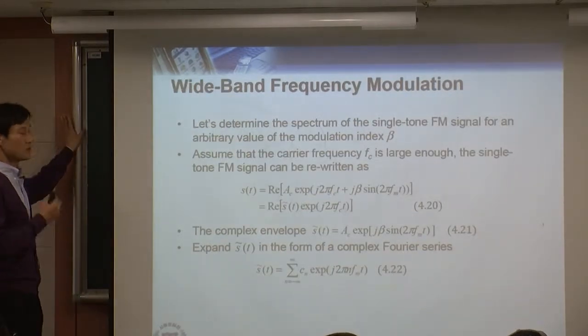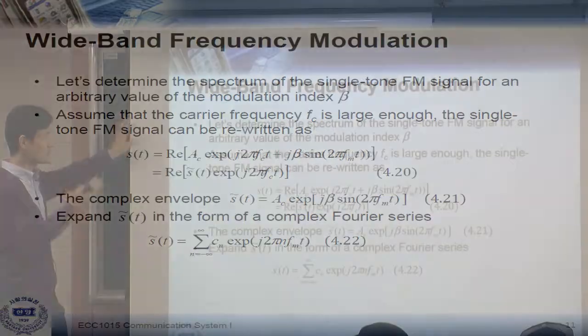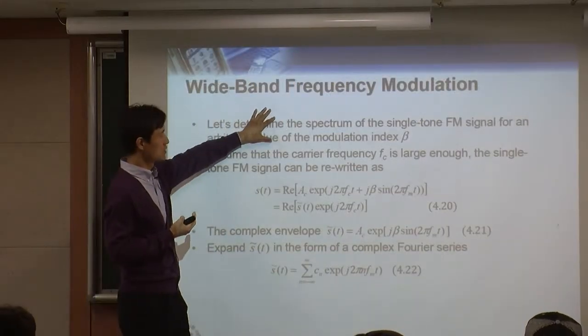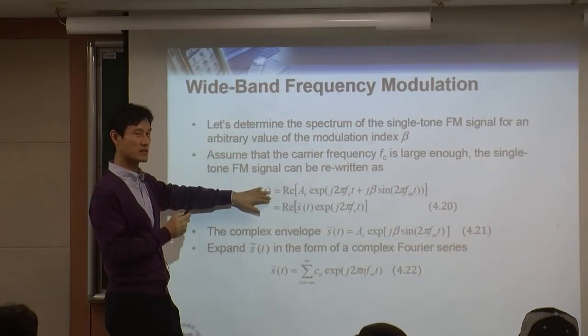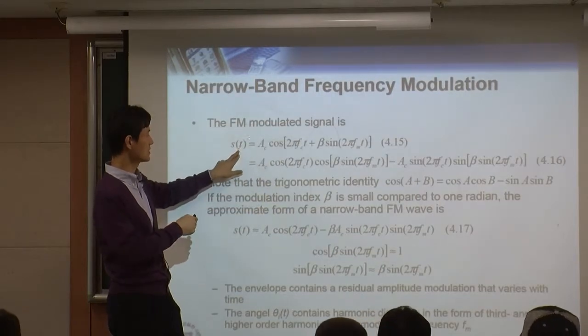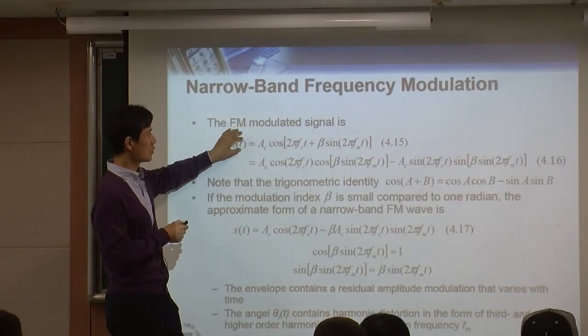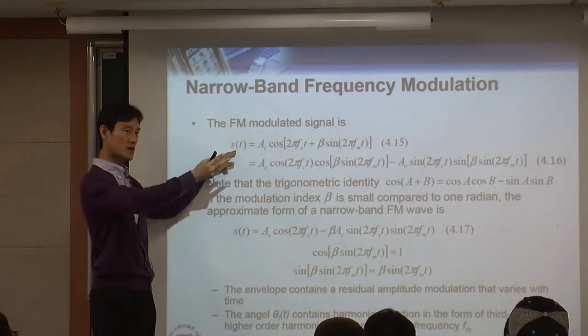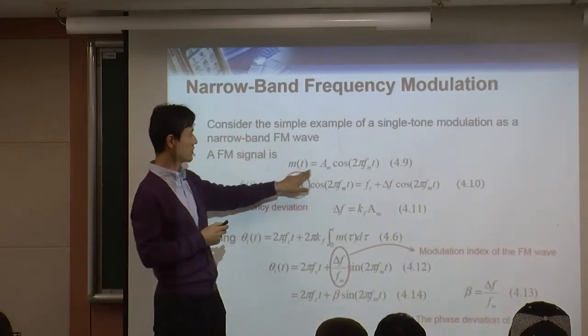But we are more interested in wideband FM because narrowband FM is not really used much. So what we are trying to do is go back to the original S(t). What was the original S(t)? This is the original S(t). This S(t) was the signal we transmit over the air in case of this message.